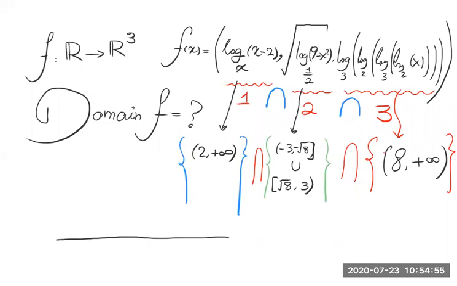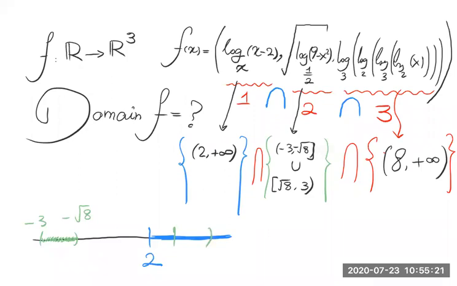The first one says the domain should be from 2 to infinity. The second one says it should be from -3 to minus the square root of 8, or from 3 to the square root of 8.